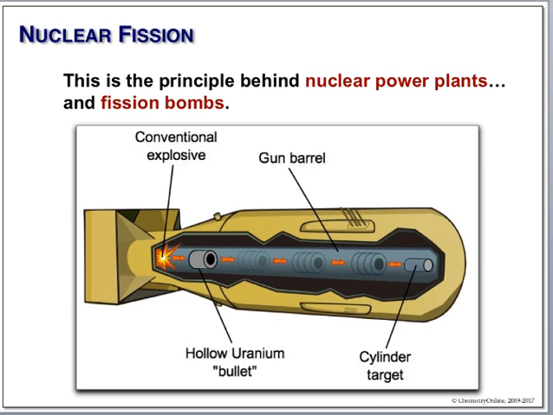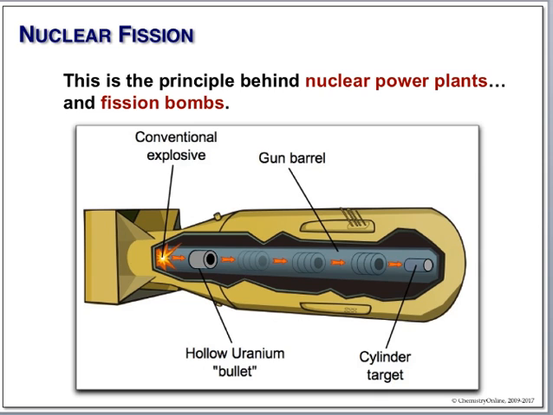What happens? You have basically a gun barrel here. You have a lump of uranium at this end. You have a lump of uranium at this end. Now, in order for the fission to happen, the total lump of uranium has to be large enough so that the neutrons you form don't escape.